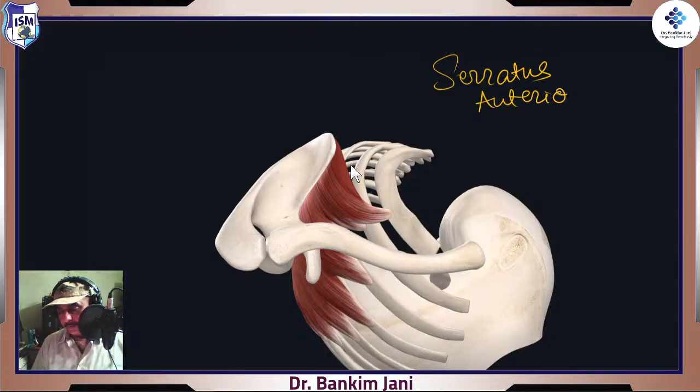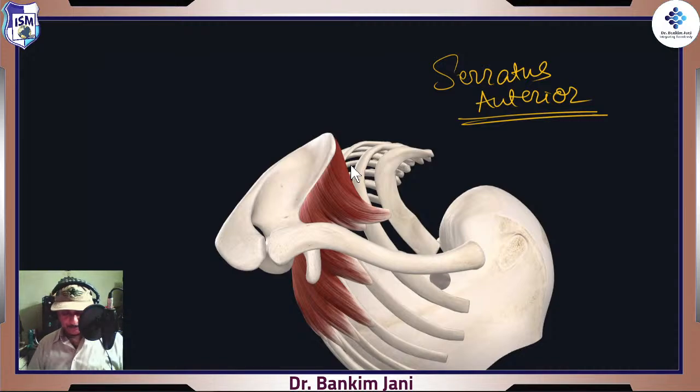This is our serratus anterior from a very fine angle. This is like we are watching from the top, as if we have deployed a drone, and this is like a bird's view, and we are watching it from that angle, right?